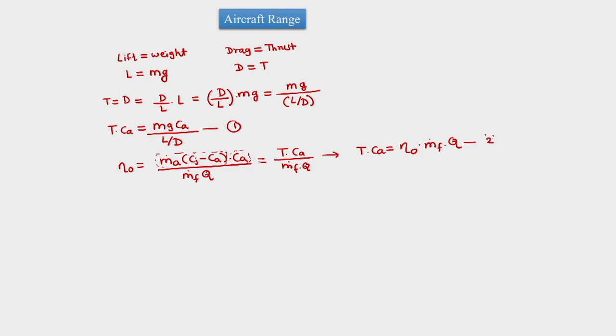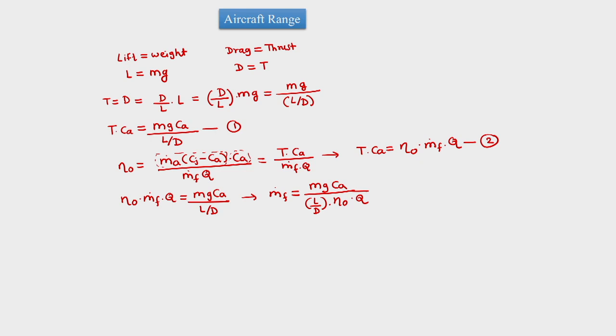Considering this as formula 2, and considering formulas 1 and 2, we get overall efficiency into m dot f into Q is equal to mgCa divided by L by D. So using this we can write the mass flow rate of fuel as mgCa divided by L by D into overall efficiency into Q. So this is the formula for the mass flow rate of the fuel.